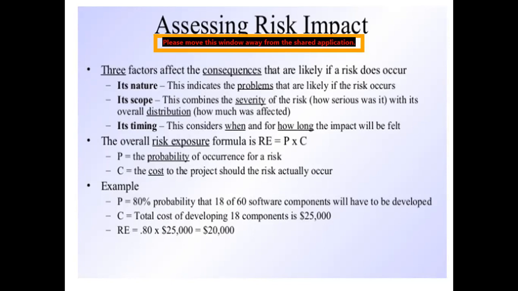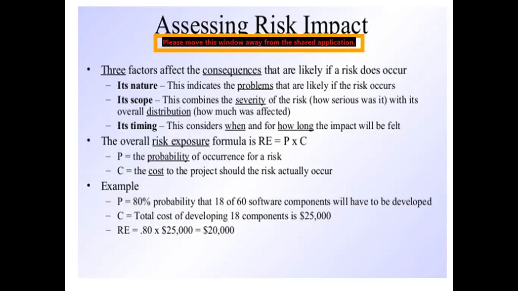The probability will be given or mentioned in the problem, and we indicate it by P. Capital C is the cost of the project should the risk actually occur, because whenever the risk takes place, the cost of the project may increase.